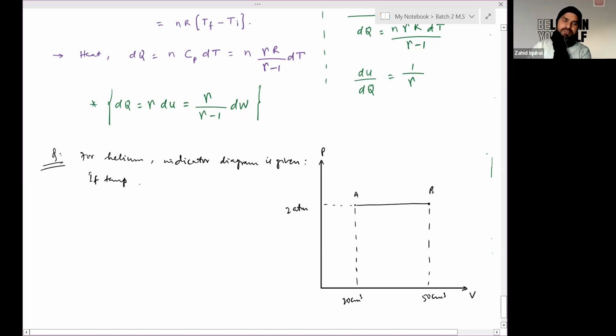If temperature at A is 27 degrees Celsius, find first, temperature at point B; second, work done during this process; third, heat supplied.